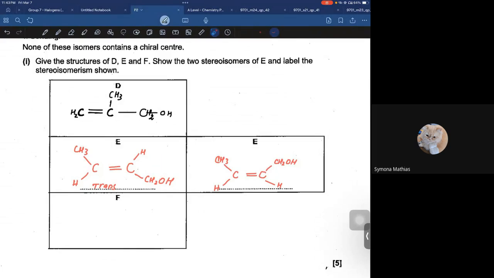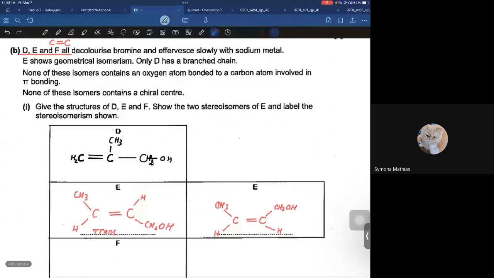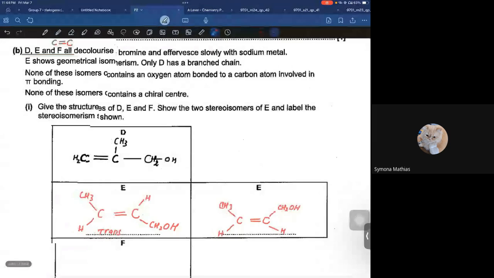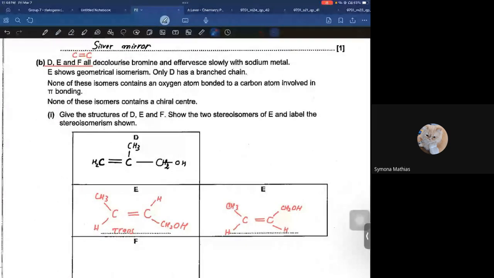Okay. Now what about F? F is also going to decolorize the bromine water, which means that it has a double bond. Or there is no branch.